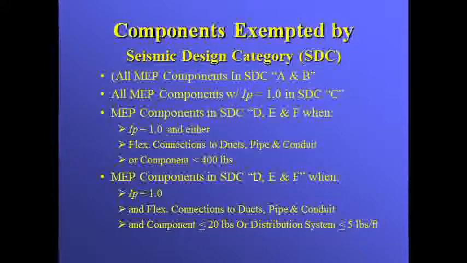Some components are exempted simply on the basis of seismic design category. Seismic design categories are given a letter code from A to F, which is a calculated value. There are 2 calculations required. One uses the short period seismic map value, and the other uses the long period seismic map value.